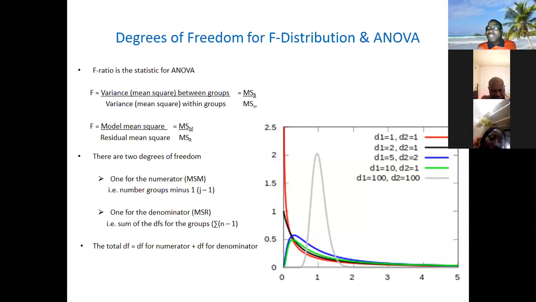How do you calculate variance? You say x minus x bar, that is minus the mean, which is the deviation. When you square that, it becomes square deviation. When you now sum it, it becomes the sum of square deviation. When you want to calculate the average, you divide by the degree of freedom.